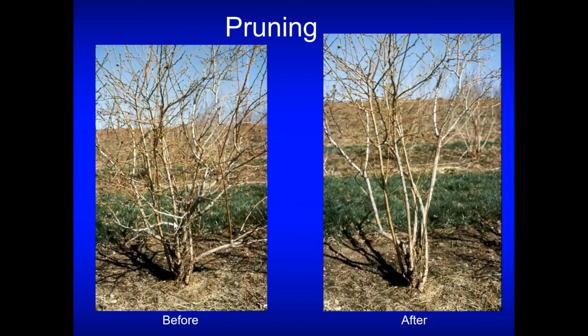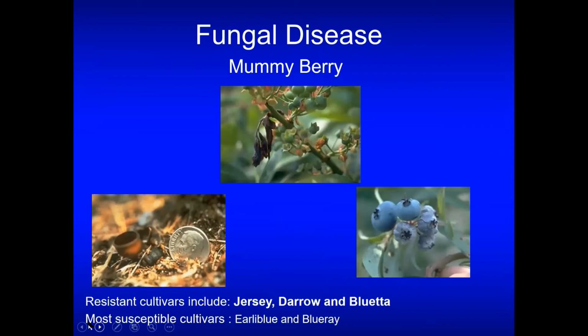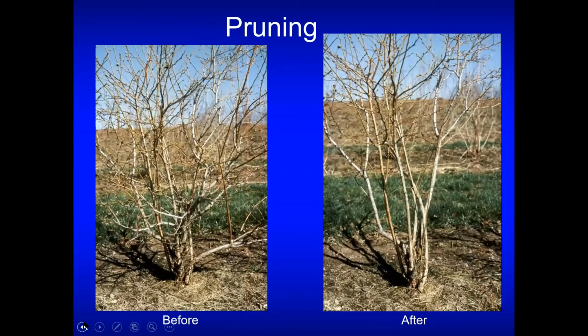When you remove some of those old canes and a lot of this branchy stuff, your resultant plant looks pretty sparse, but it's much healthier than it was prior to pruning. That's very similar to a forsythia. It's not much different, but basically that's that.